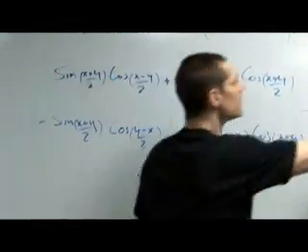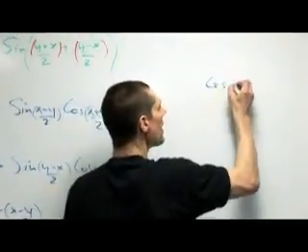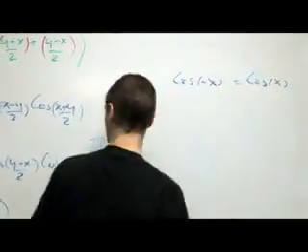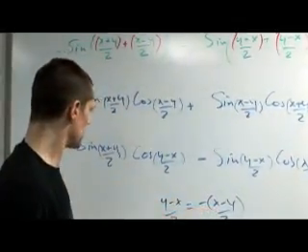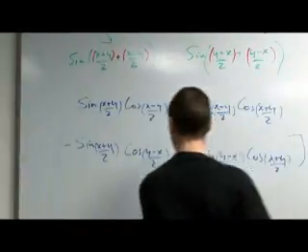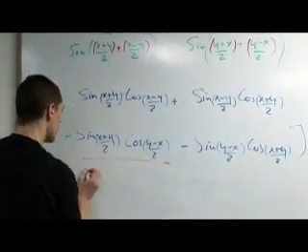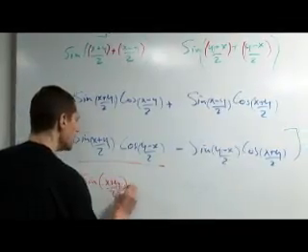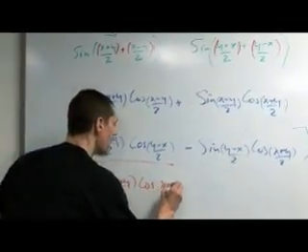But remember, cosine of minus whatever is cosine of whatever. Cosine kills off this negative. So this term right here is going to be precisely the same as minus sine of (x plus y)/2 times cosine of (x minus y)/2.